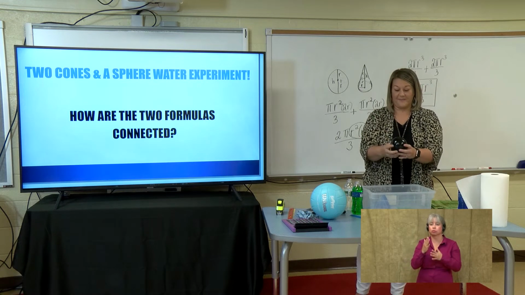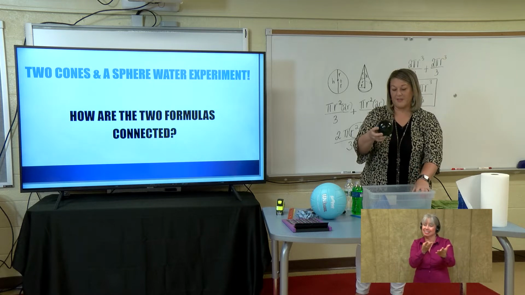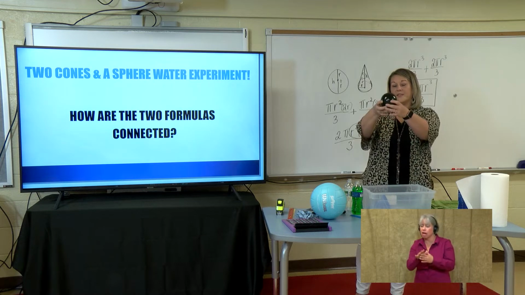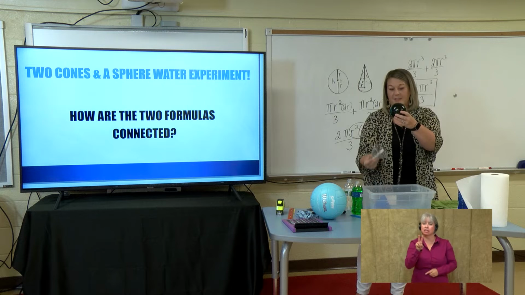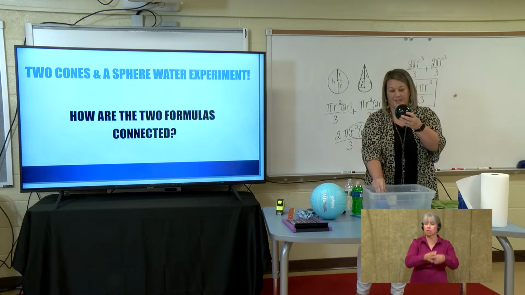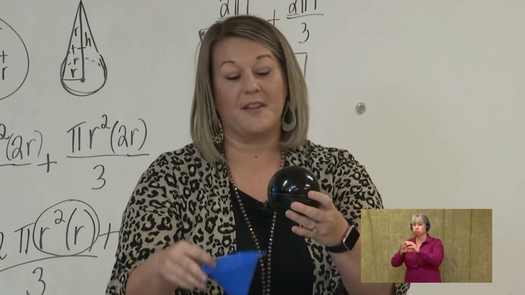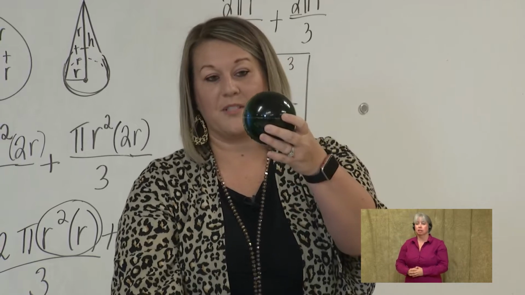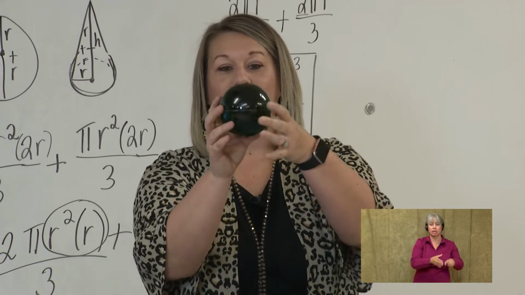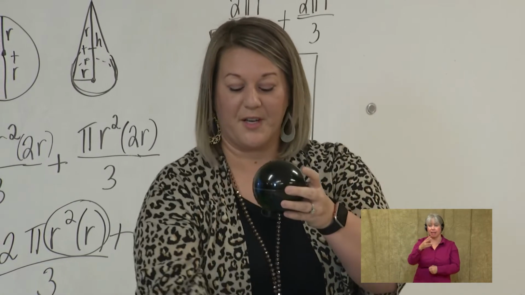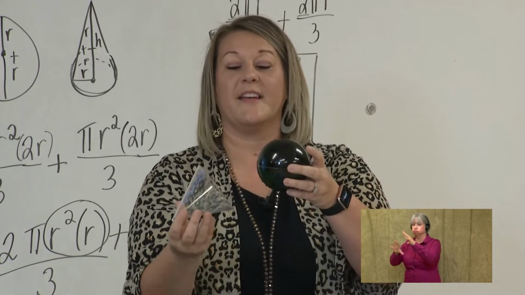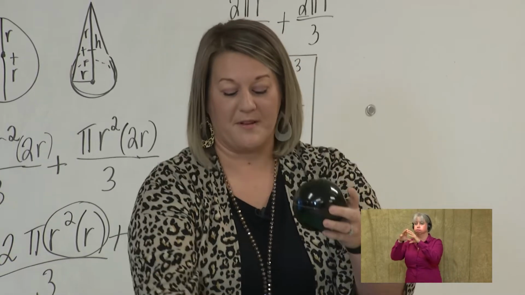And look at there. There is a little extra water left over, but you can see that 2 of these fills up your sphere. I think a little bit poured out because I had the funnel in there. But 2 cones of the same height fills up your sphere. So the volume of 2 cones of the same height, same radius would be the volume of a sphere.